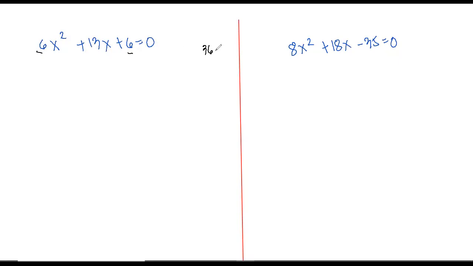Ano kayang pwede natin i-multiply? So 6 times 6 is 36, but 6 plus 6 is 12. Dahil positive siya, 36 times 1 is 36, but if we get the sum of those two numbers, that is 37. So ano pa pong multiple or factor ng 36?